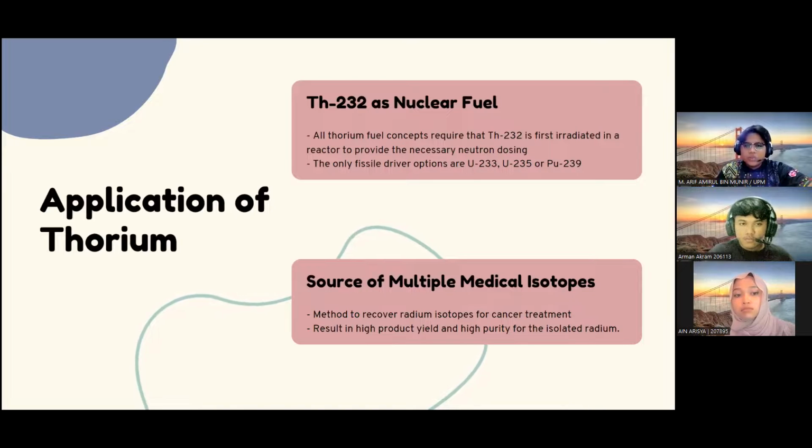And secondly, for application of thorium, we also have it as a source of multiple medical isotopes. Researchers have developed a new method to recover radium isotope for cancer treatment. The process begins with a dissolved proton-irradiated thorium target solution, which is then taken through a series of columns.